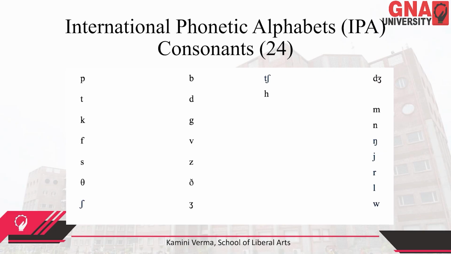We are correlating with the sounds of Hindi, but it is not the P of Hindi, it is the P of English. It is not the B of Hindi, it is the B of English. It is the organs of speech used for the production of English sounds which we need to understand. To explain them in detail, let's move to the next slide, where we'll discuss these sounds with certain examples.